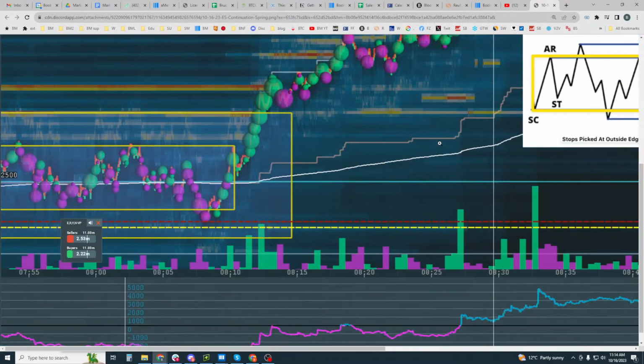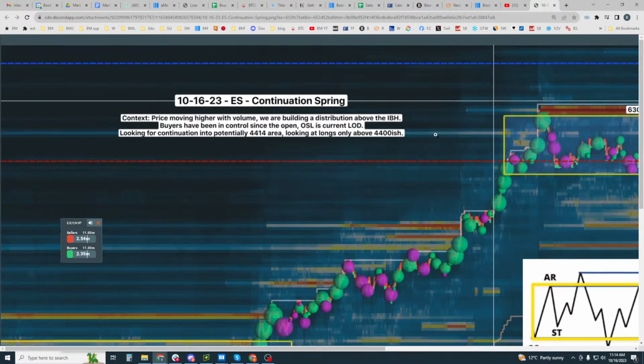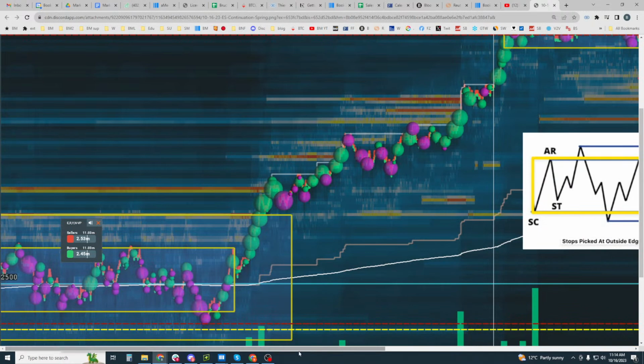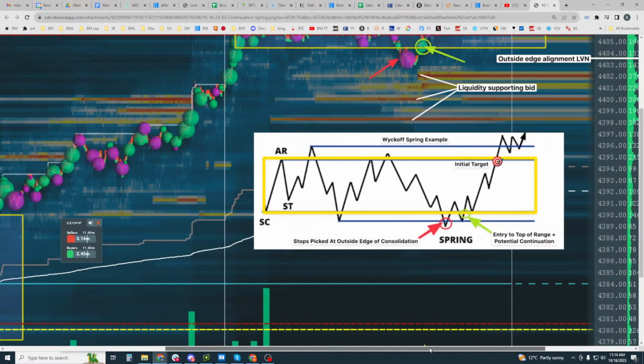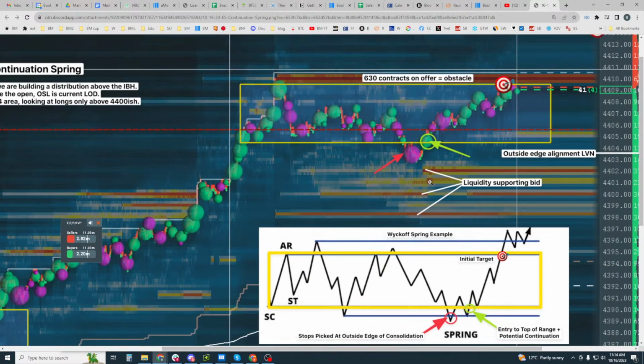They're very, very clean and clear. Okay, what he's looking for in here. So yeah, you might want to pop over there and take a look. You can see his Wyckoff Spring example in a kind of diagram form, and then what he's looking for very specifically in here.